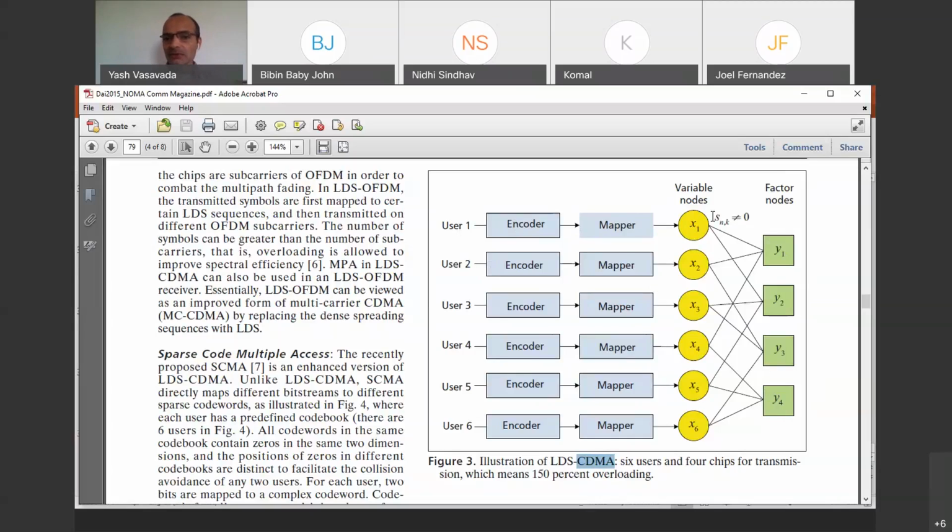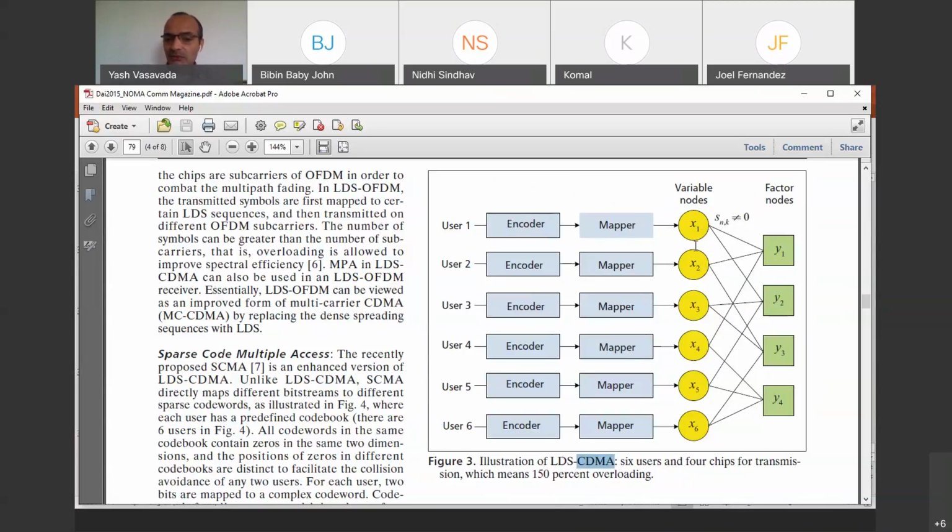Likewise here, user 1 is transmitting some symbol x1, but that x1 is getting spread using this signature sequence with 4 chips. Similarly, user 2 is transmitting a symbol x2, and it is also getting spread over the same 4 chips.